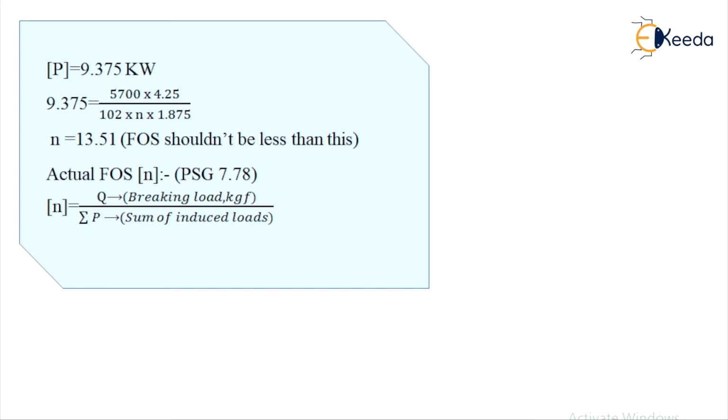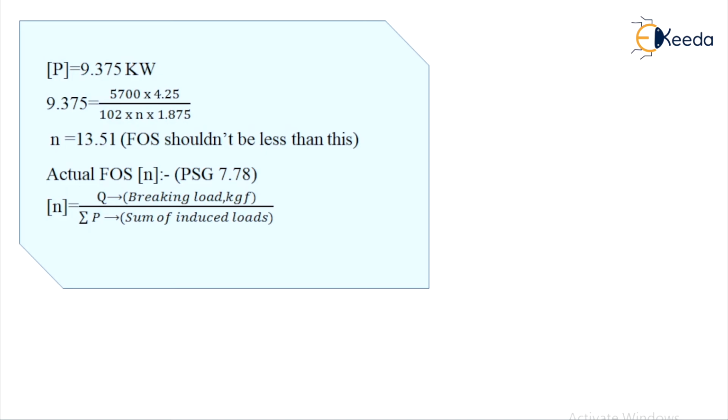Substituting in the formula, we get 9.375 is equal to 5700 multiplied by 4.25 divided by 102 into N into 1.875. This gives me the value of N as 13.51. Note that the factor of safety should not be less than this value.